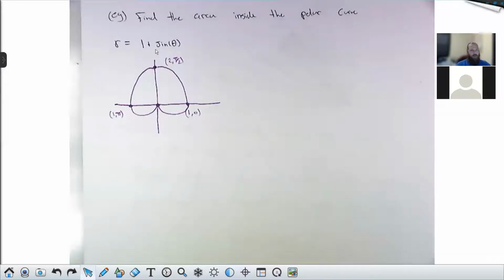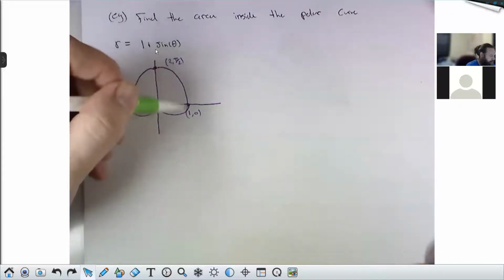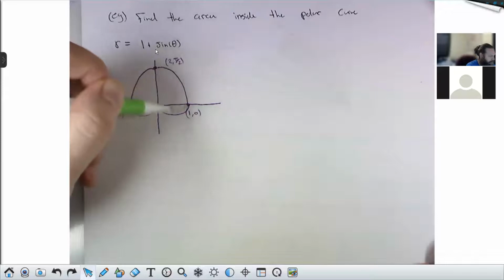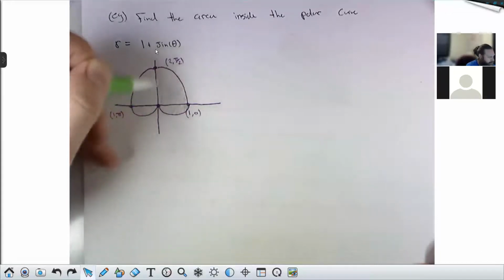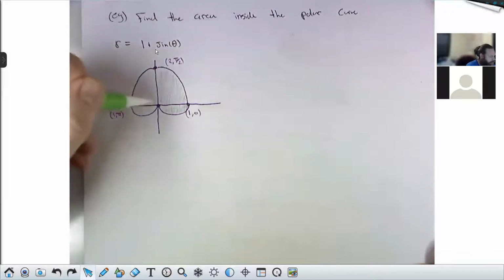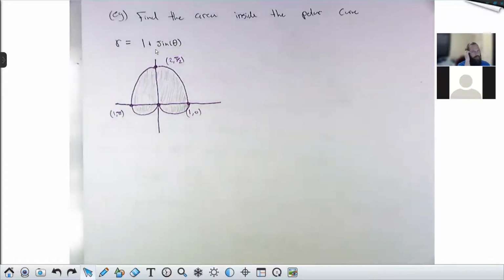So I'm looking for the area inside this curve, all of it. This area, together with all of this area, together with all of this area. I'm looking for all the area inside this cardioid.